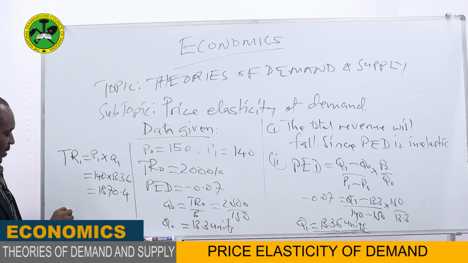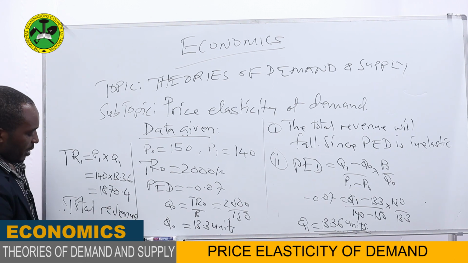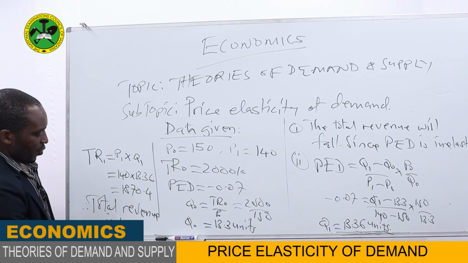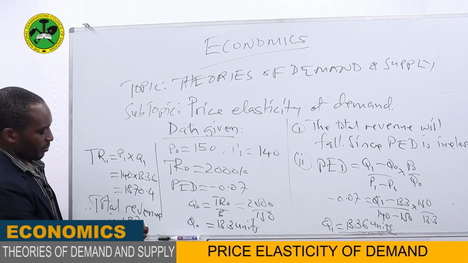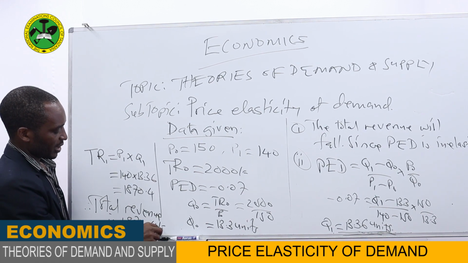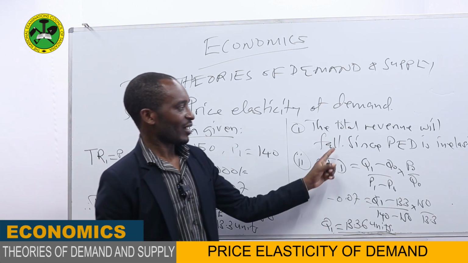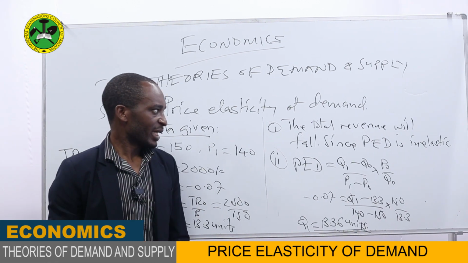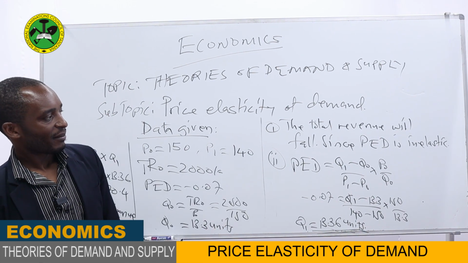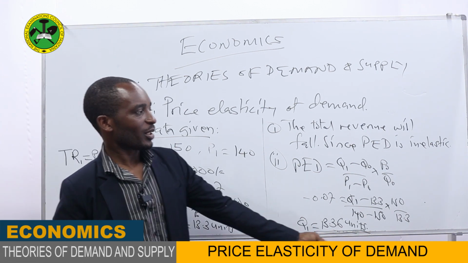So therefore, the total revenue is 1,870.4 shillings. As we said in Roman 1, as the price falls, if demand is inelastic, the total revenue will fall.